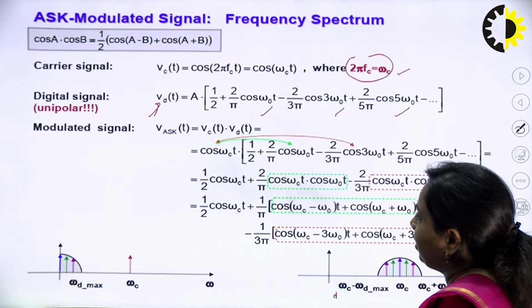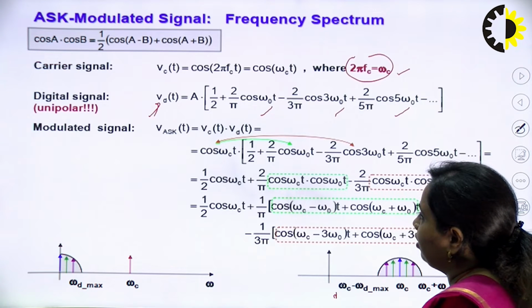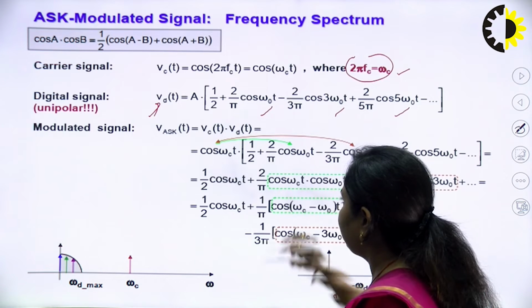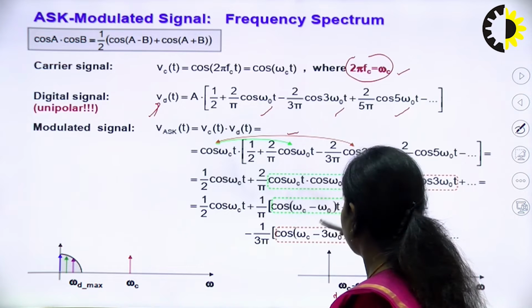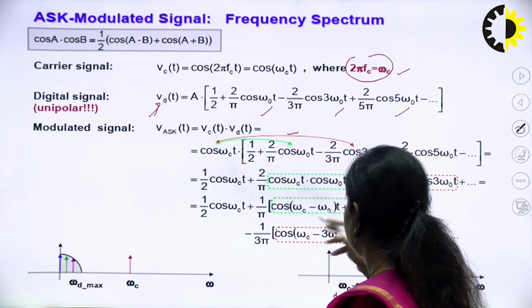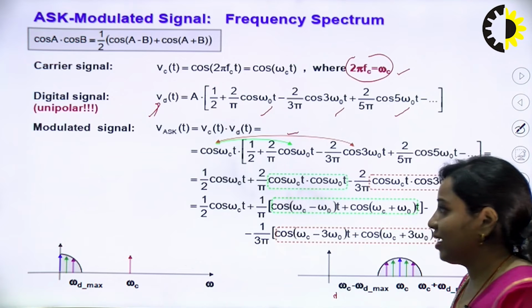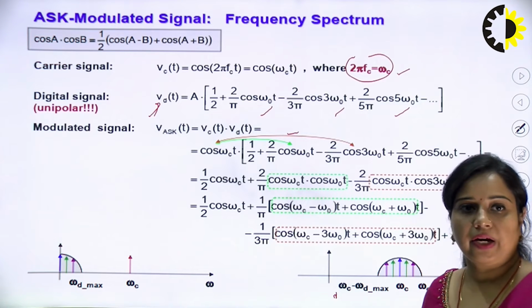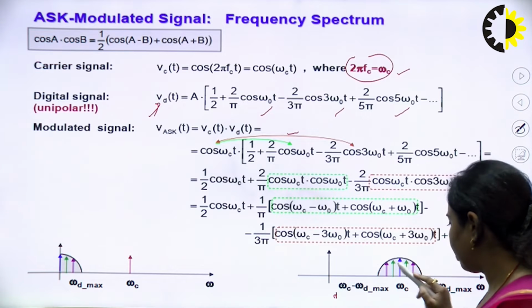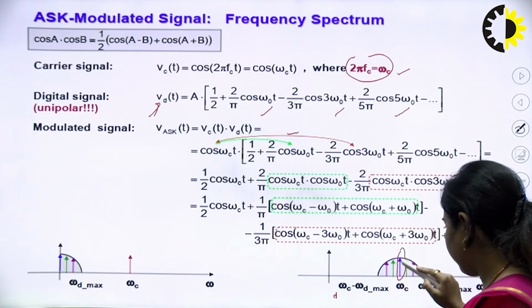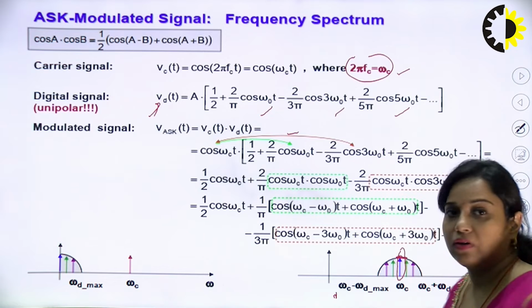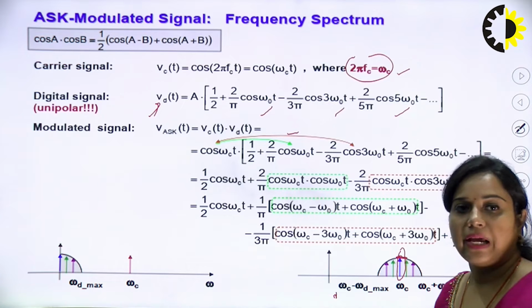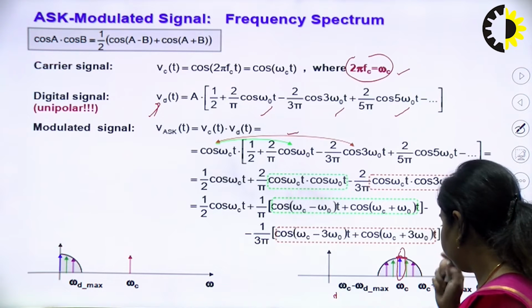Now, after multiplying these two signals we get a modulated signal which is VASK(t) equals VC(t) into VD(t). After multiplying you can see that sidebands will be generated, that is upper sideband and lower sideband, and a center frequency will be there. This is the center frequency where the amplitude is maximum, because we have the carrier signal which has maximum amplitude.